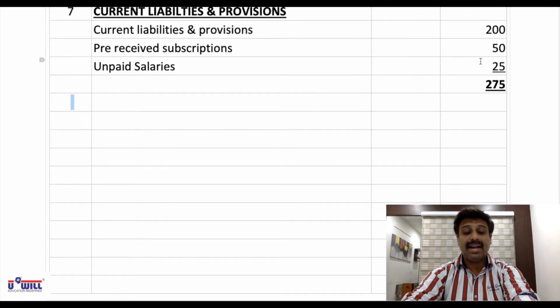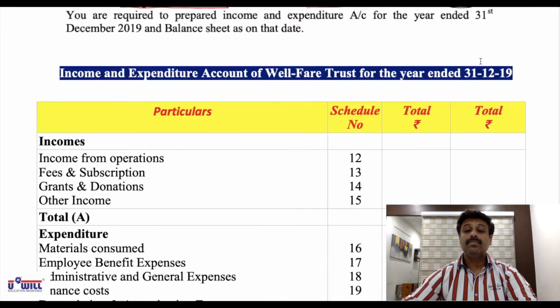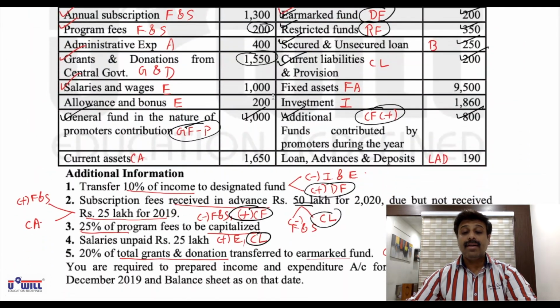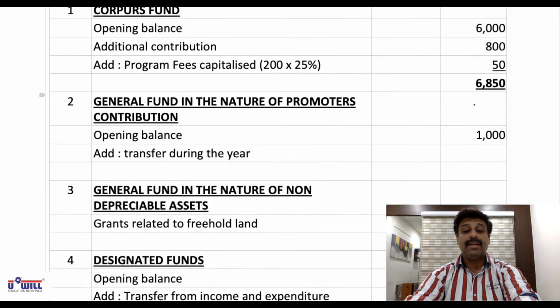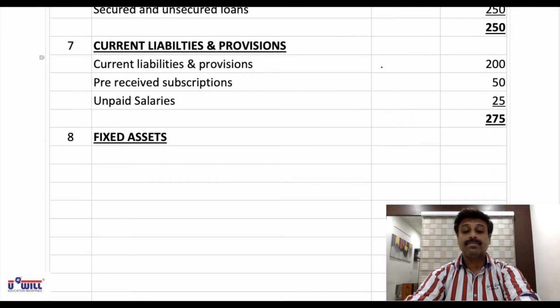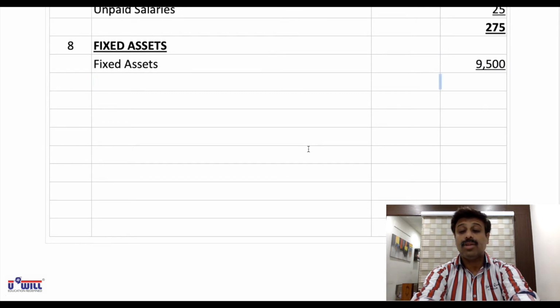Then after current liabilities and provision, 8th would be fixed assets. FA marked items. Directly fixed assets are given 9,500 and there is no adjustment related to that, so directly we'll write that. Fixed assets 9,500 in outer column, and that itself will become the total.